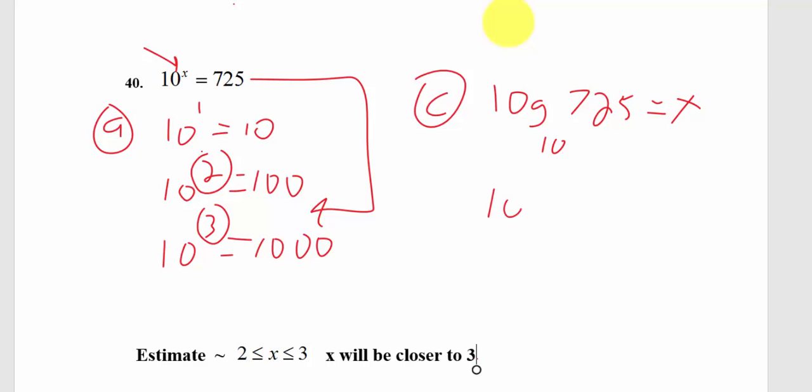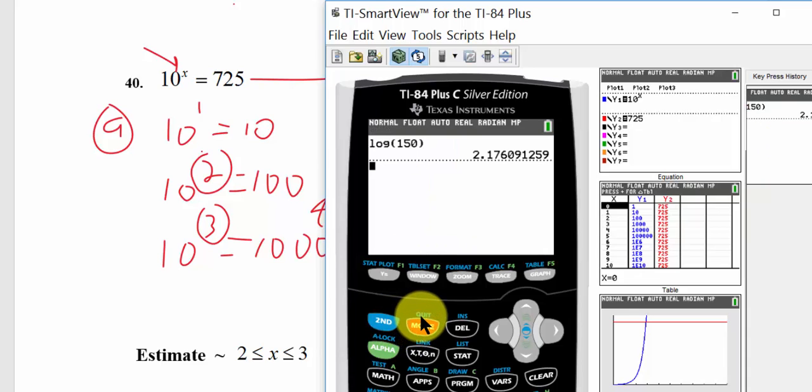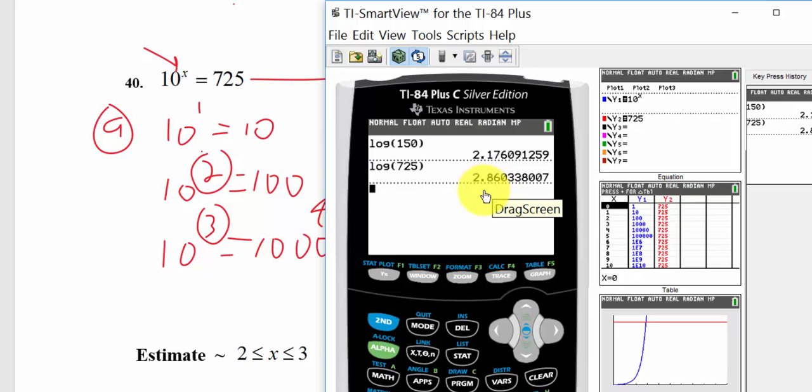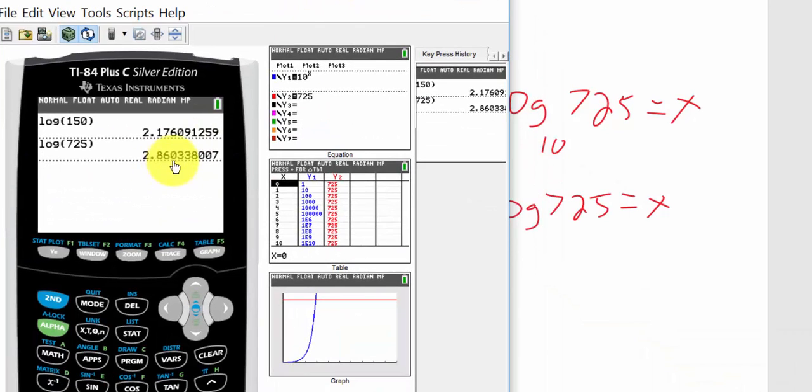And really, for your calculator, you would just enter log 725 equals x. So I take out my trusty calculator, I press second mode to quit, and I enter log 725, press enter, 2.86. Remember, that's the same answer we had when we graphed it and found the intersection. And it still makes sense, right? X is between 2 and 3, closer to 3, 2.86 qualifies.